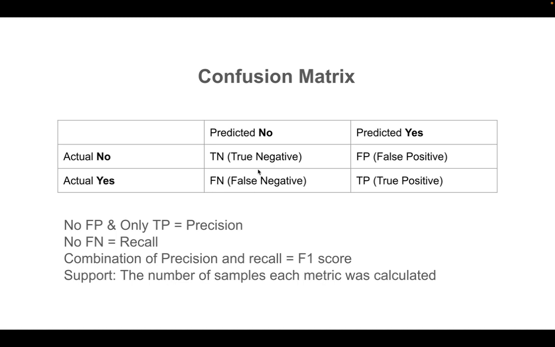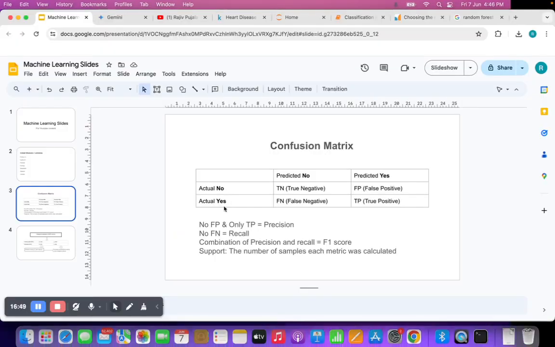And no false negative, this is the dangerous one because they have the disease and we are telling them no. No false negative is equal to recall. The combination of precision and recall is the F1 score. The support is something you can see in the classification report, which tells us how many samples were taken to perform these calculations, right?